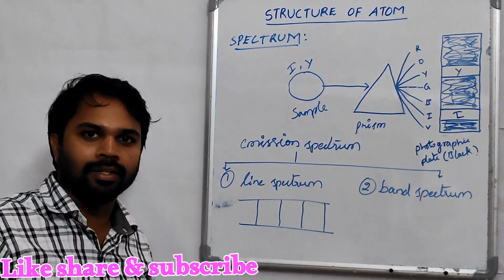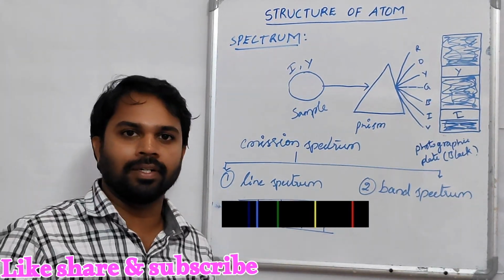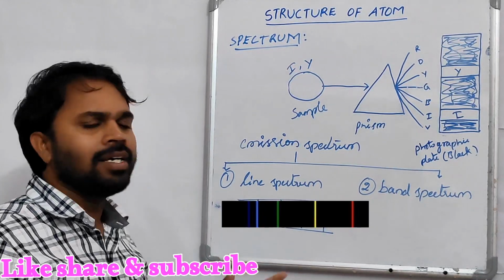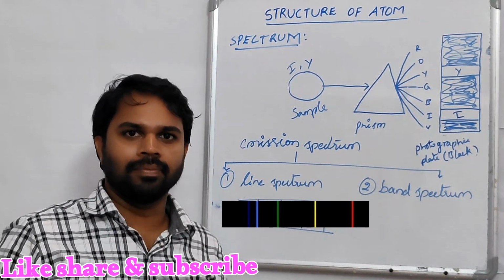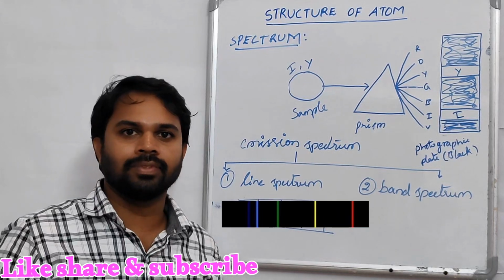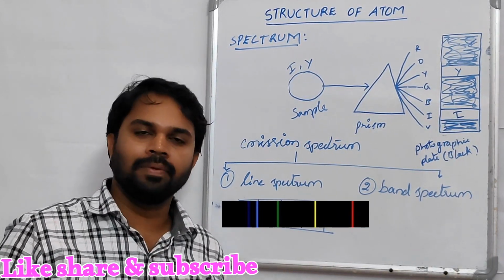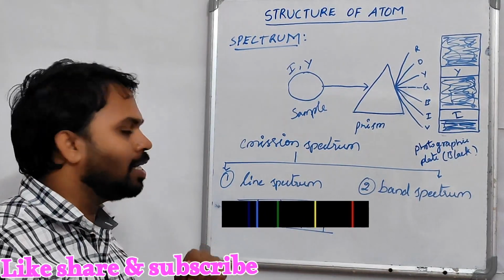This is called line spectrum. It is formed by atoms, so we call it atomic spectrum. Each element has a unique line spectrum. It is used to identify unknown atoms, in the same way fingerprints are used to identify people. This is the line spectrum.